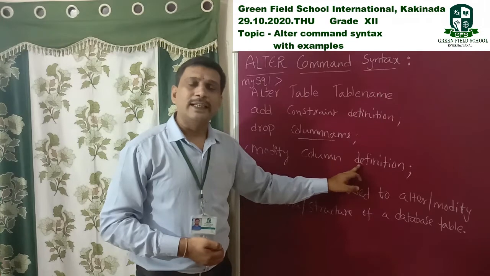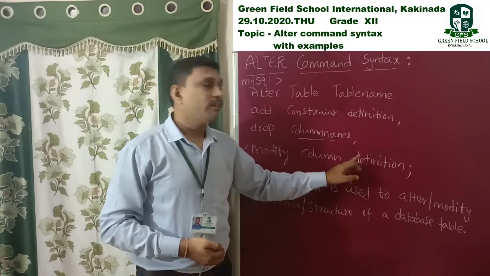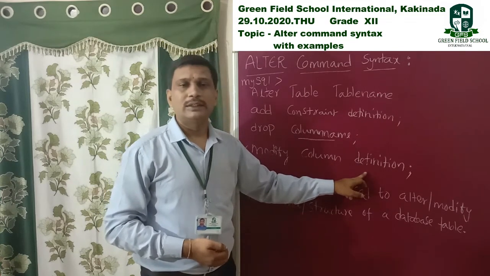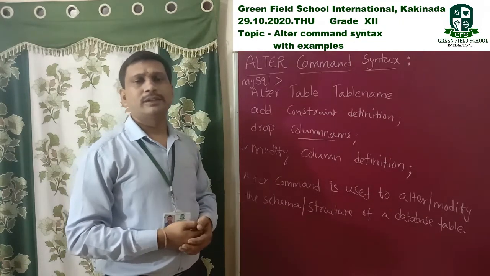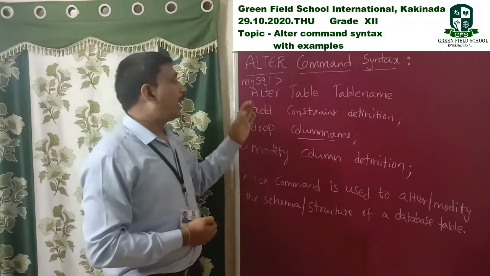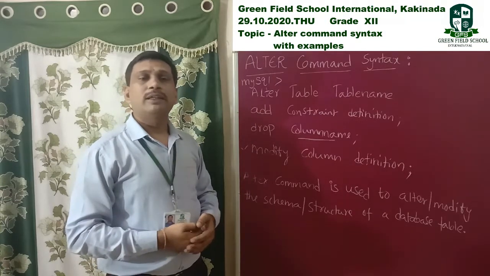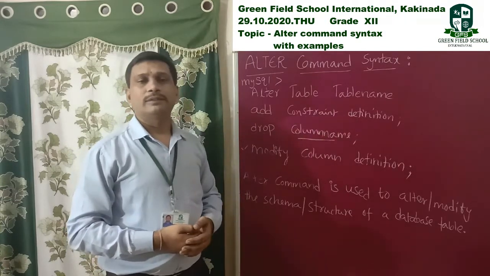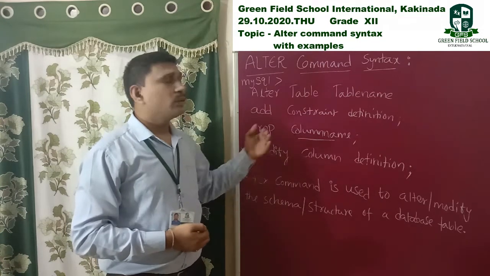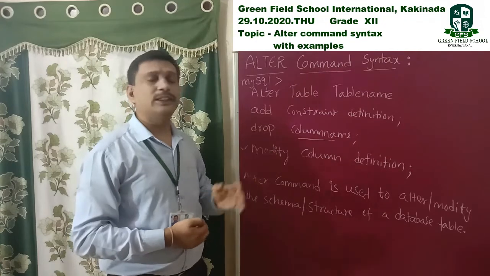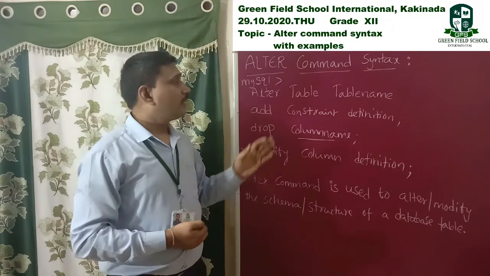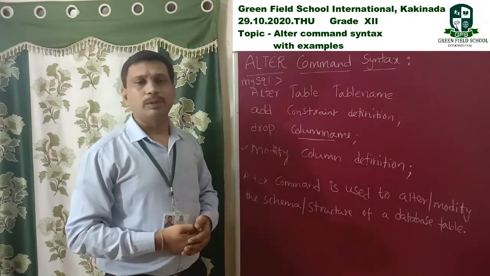Then I change the size of the column to varchar2 of 12. So this is the command I specify here by using this alter table command. Then we go for all these options, and explain through examples.